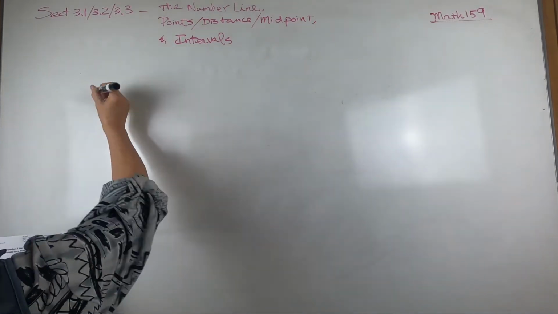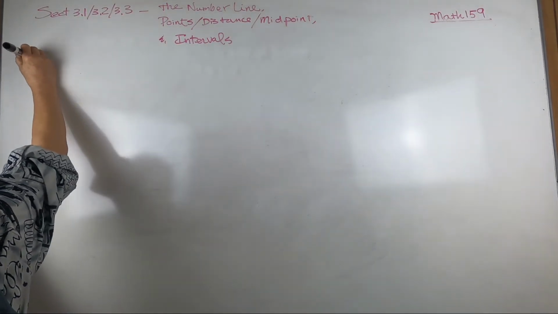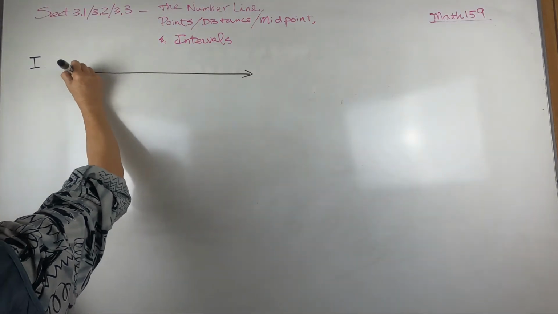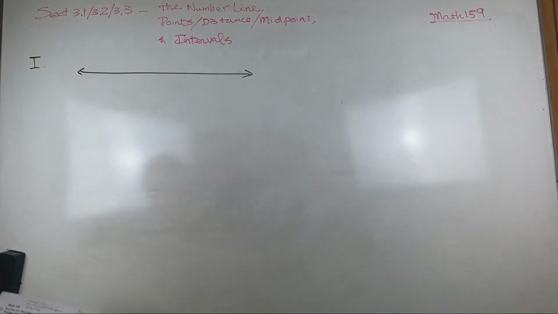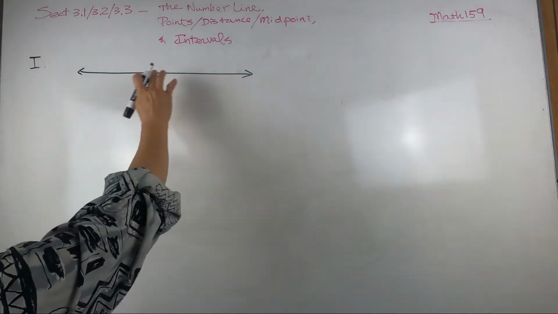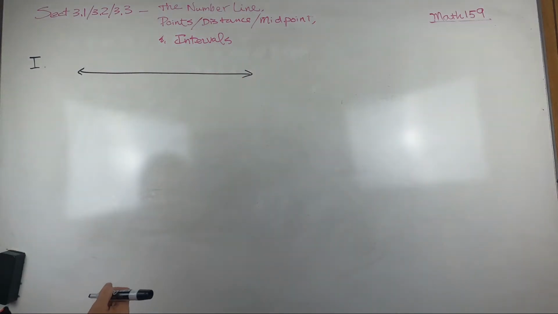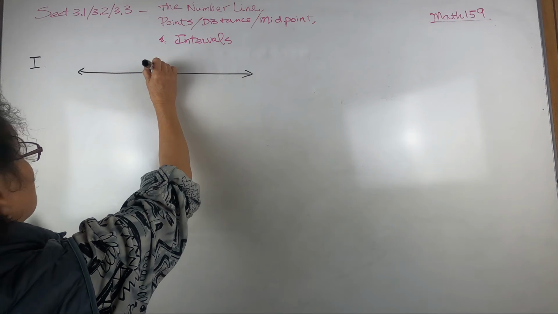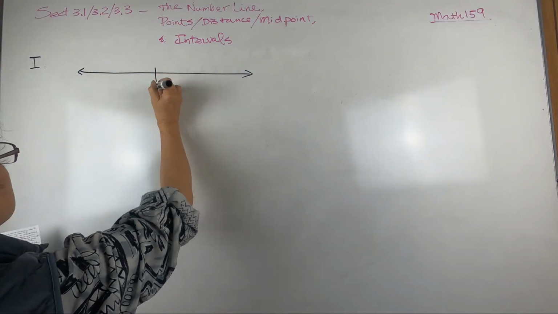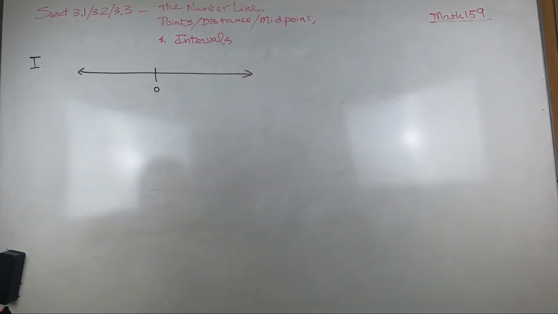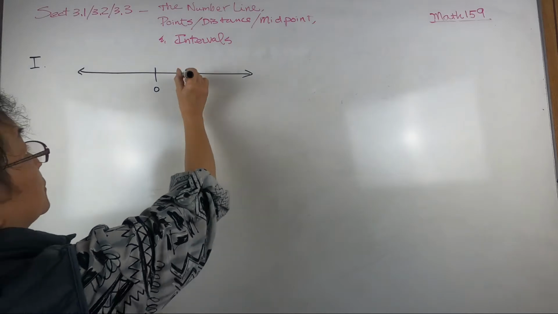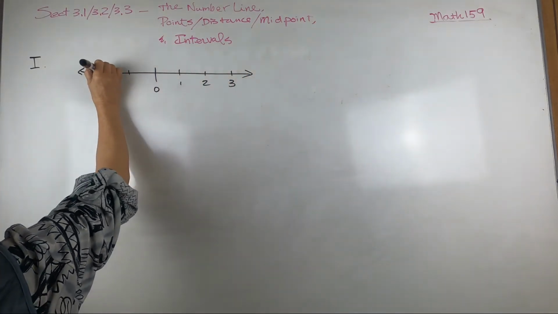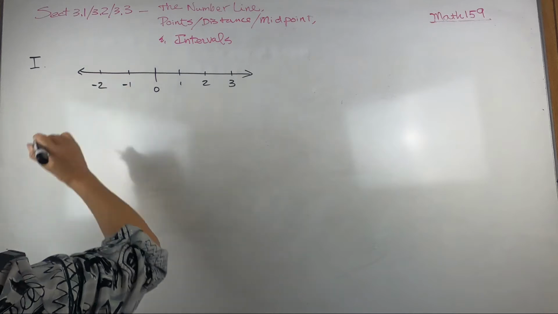So it looks like the number line is very straightforward, right? A line with numbers on it. So what do you think? What kind of numbers do you put there? Where are you going to put a 0, right? Start from 0, so we put it in the middle. On the right hand side, you will put what? 1, 2, 3, 4, right? Left hand side will be what? -1, -2.